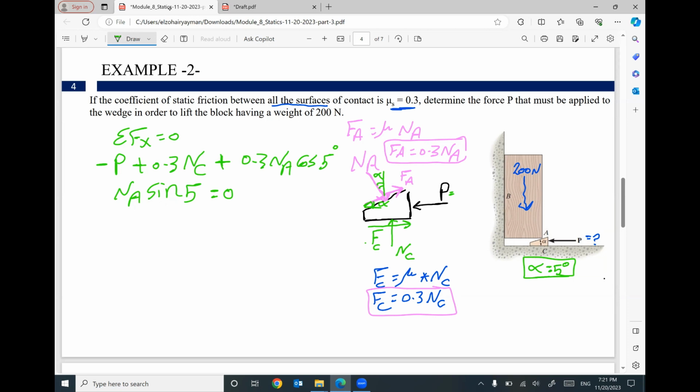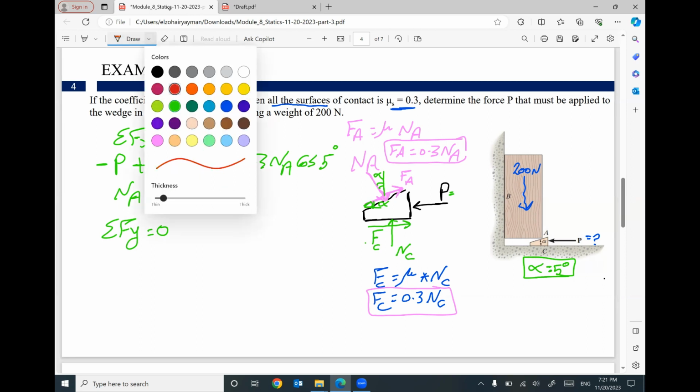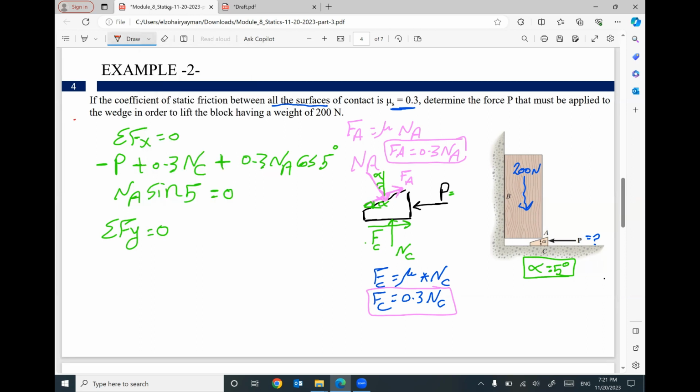Does that make sense? If you apply summation Fy equals 0, guys, keep in your mind, this capital N will have a component in the vertical direction and the horizontal direction. The horizontal one will be NA sine alpha, which is 5. And this FA will have a horizontal component, which is FA cosine, and FA equal 0.3 NA, so 0.3 NA cosine.